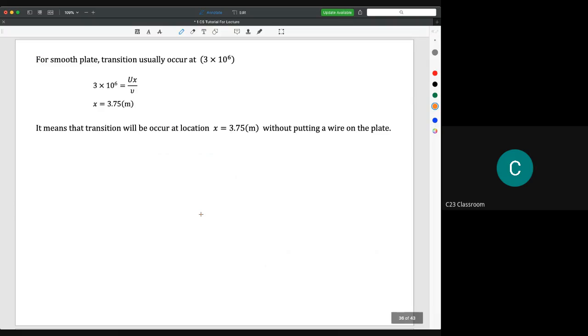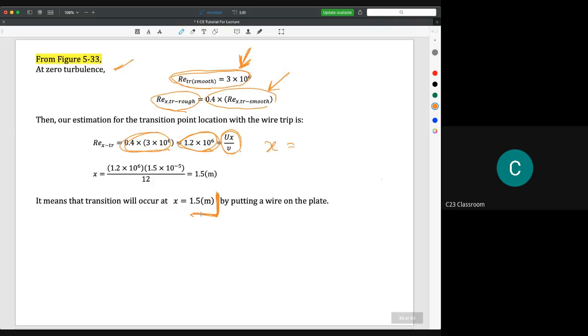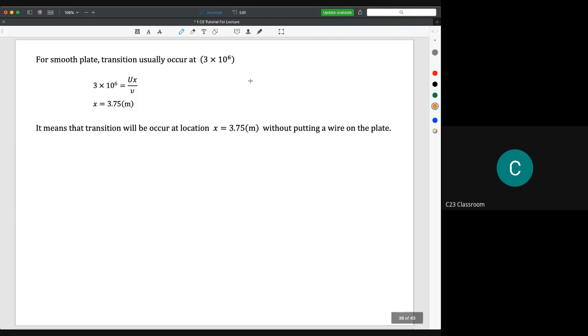Then we try to calculate without any wire. For example, for the smooth plate, the transition usually occurs at 3 times 10 to the power of 6. I think this is related to this term, so we just use this term and substitute with the Reynolds number equation, ux over nu.